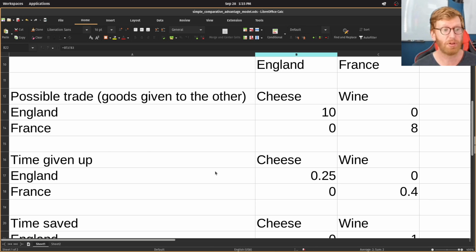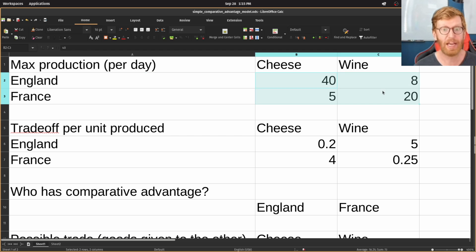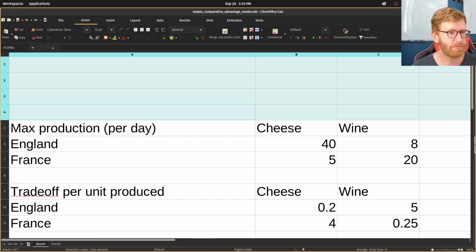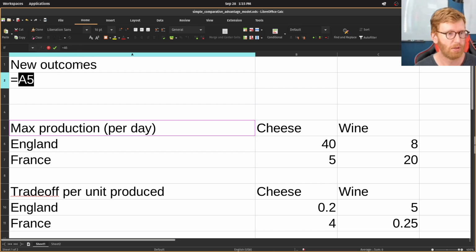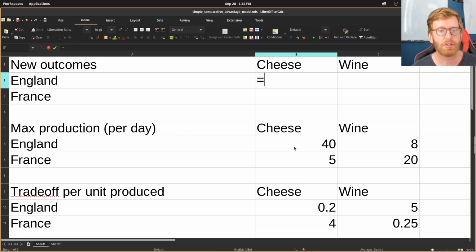So if they're both going for this endpoint, then their net effect, go ahead and add some rows up above. New outcomes for England and France in terms of cheese and wine. Their cheese is going to be how much they could produce.